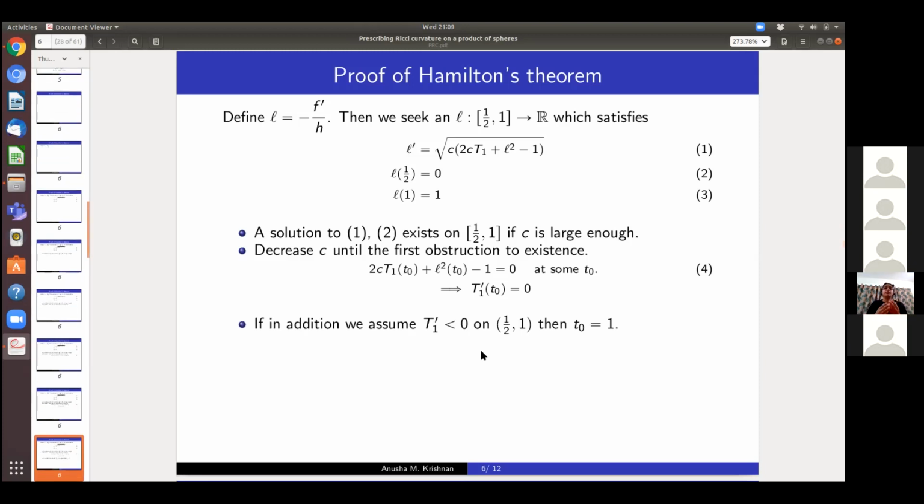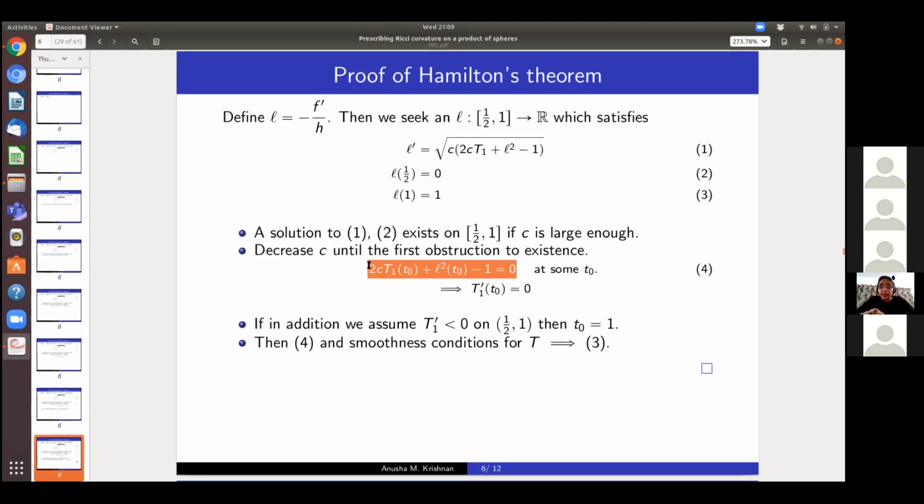Now, if we have some assumption of monotonicity on the function T1, namely that T1 prime is negative on this open interval, then we can conclude that this first point of obstruction to existence must actually have been the end point of the interval. And the proof is then complete with showing that this condition that naturally occurs at the first obstruction to existence does imply the remaining boundary condition.